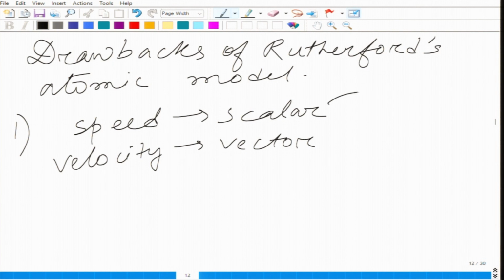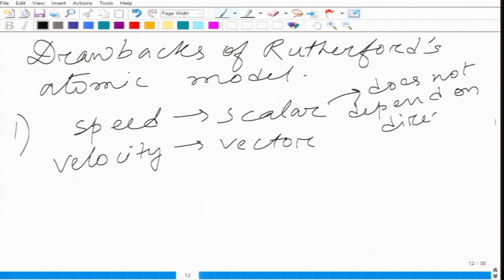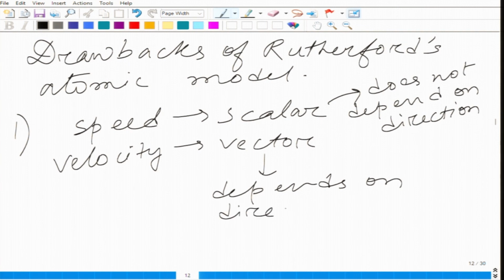Speed does not depend on direction, but velocity depends on direction. So the velocity will also change.